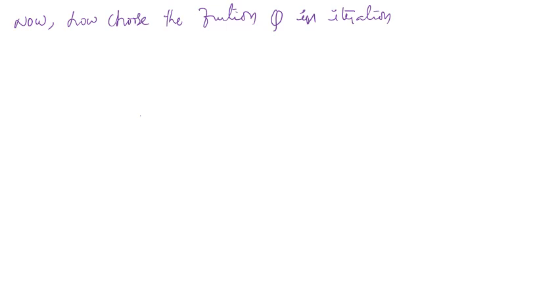Now the most important point is how to choose the function phi in the iteration method. This is the most important one, how to select the function.